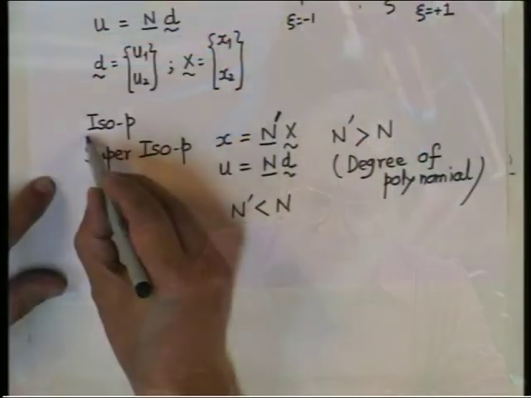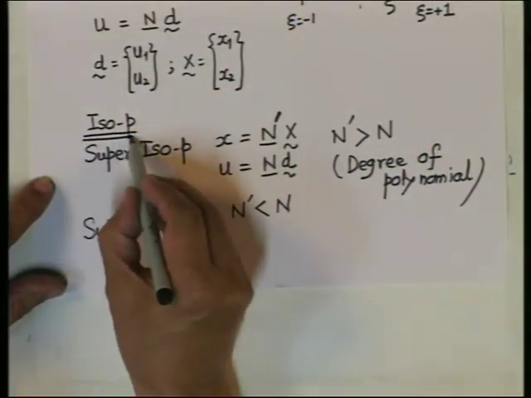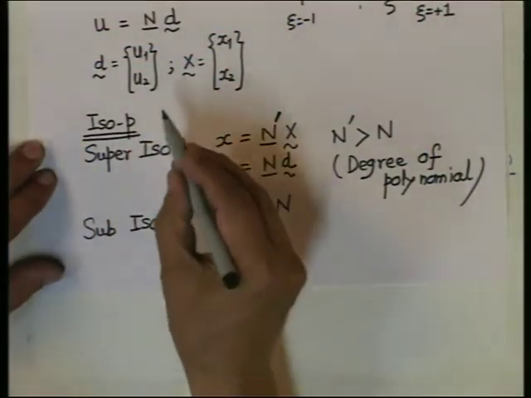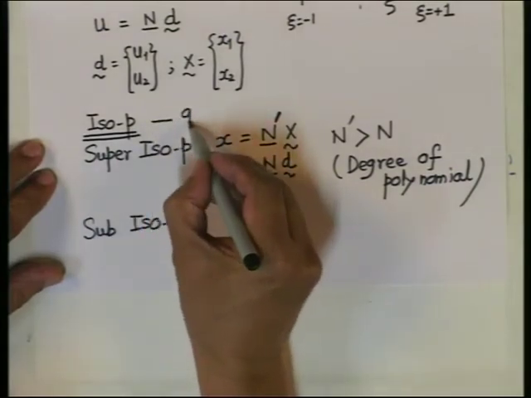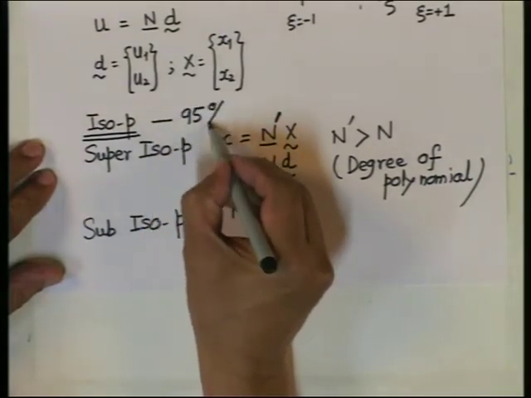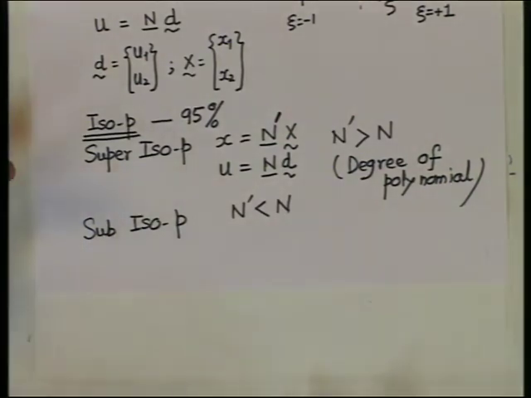But again, more than 95% of work, I will keep 5% for this, uses the same shape function. Normally in very few applications we use super isoparametric or sub isoparametric. It is easier to have the same shape function, all your formulations become easy.